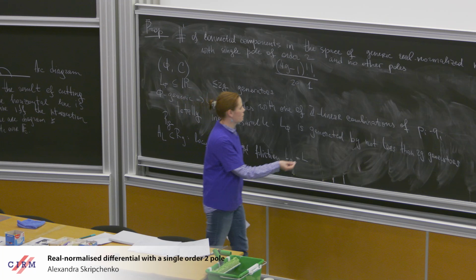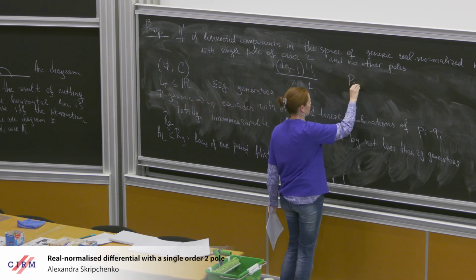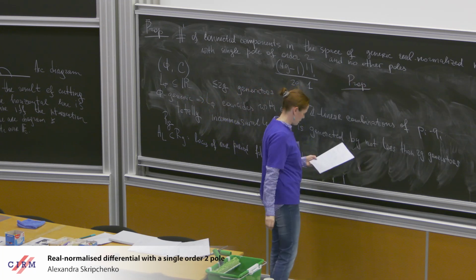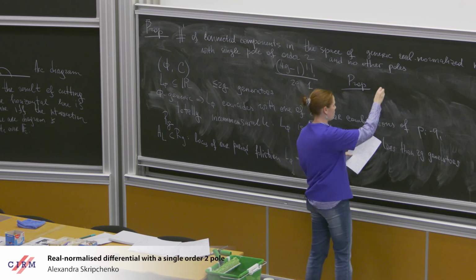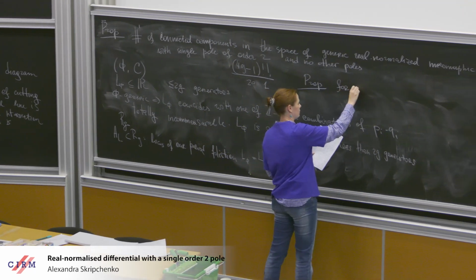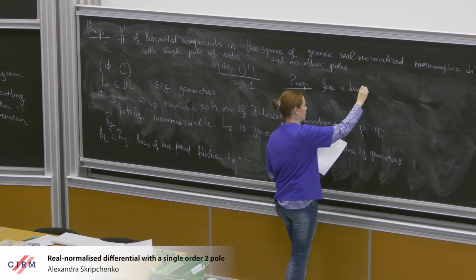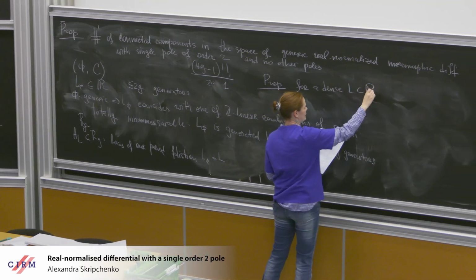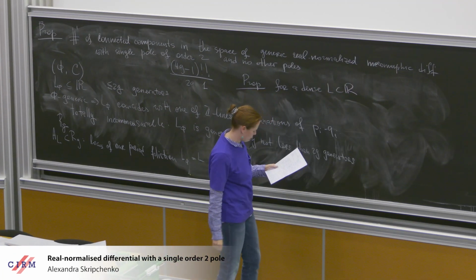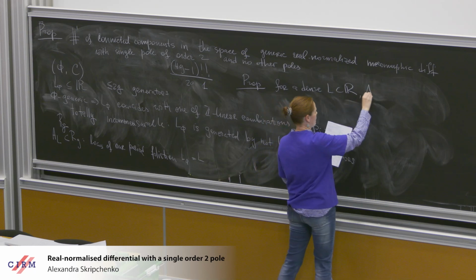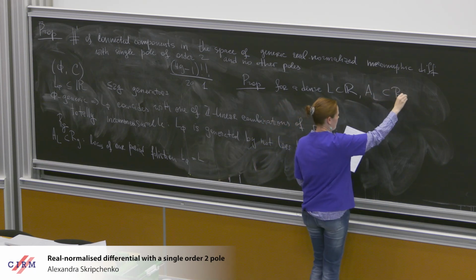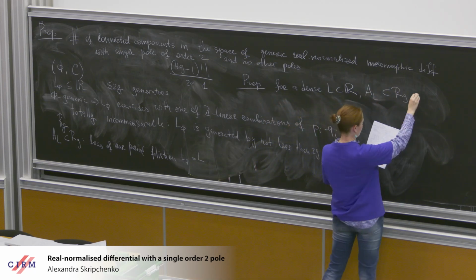So we prove the proposition, a very simple one, that tells that if we take a dense L, a dense subgroup of R, then A_L is dense in R^G.